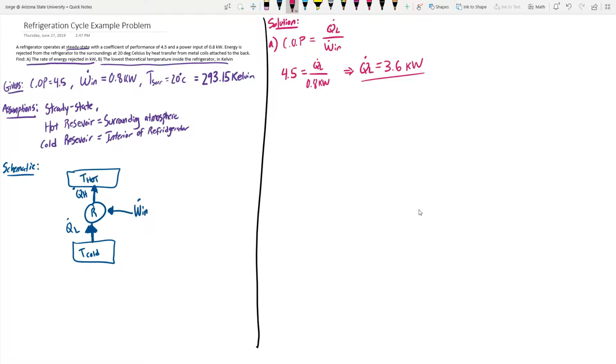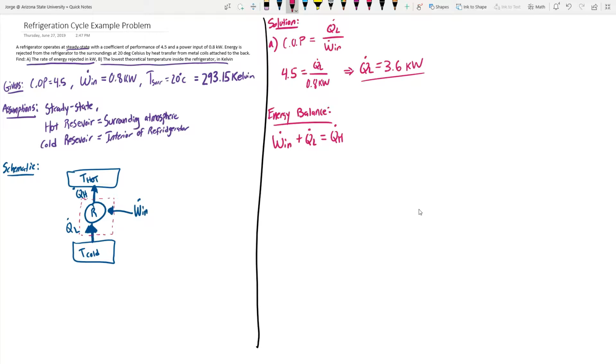All right. And from here, notice how, similar to the other video, we can treat this as a system. If we go ahead and do an energy balance, we get W in dot entering plus QL entering the system is equal to QH, which is leaving the system.